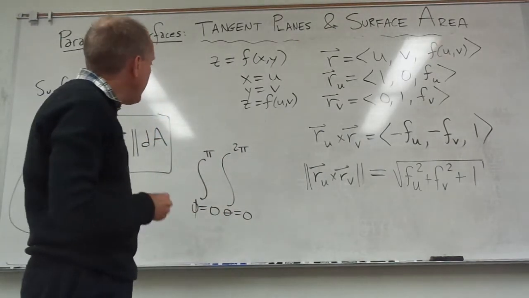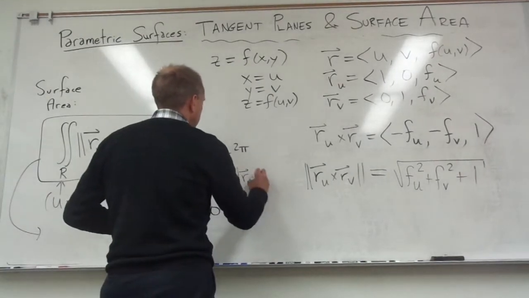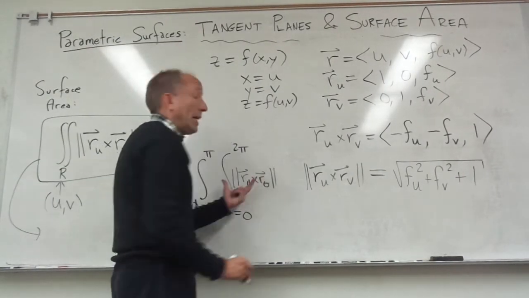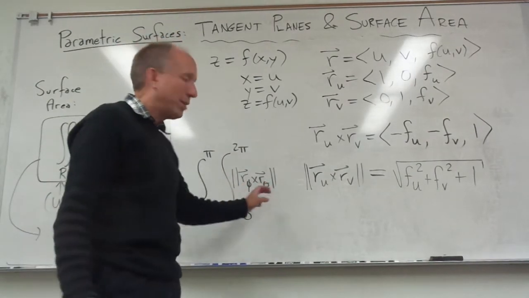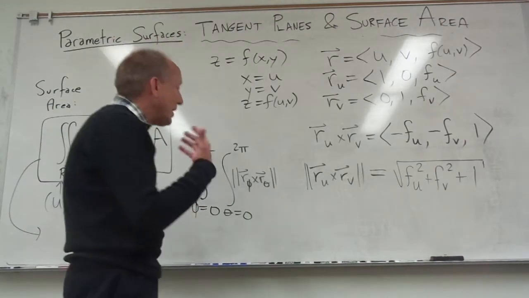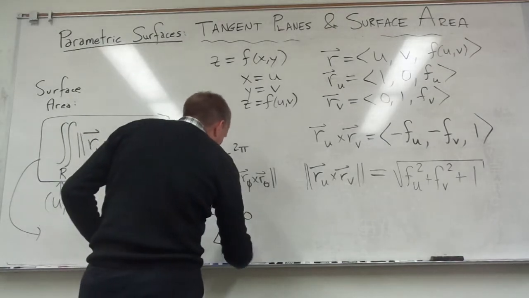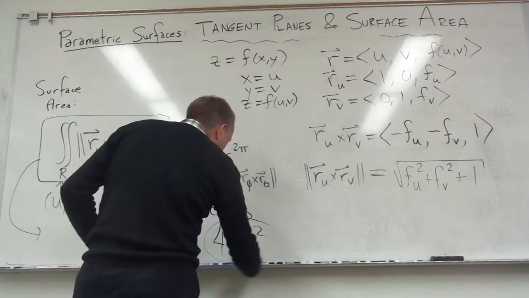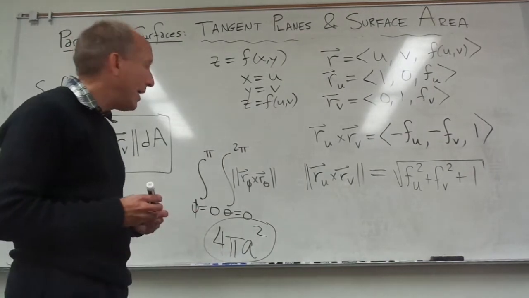And then you'd have to calculate the magnitude of r sub phi cross r sub theta. That's going to be a bit annoying when you look at the parameterization of a sphere and what the partial derivatives are. It's not very clean. So that would take some work, but in theory you should come up with the formula for the surface area of a sphere of radius a. So that would be a good exercise for you to try.